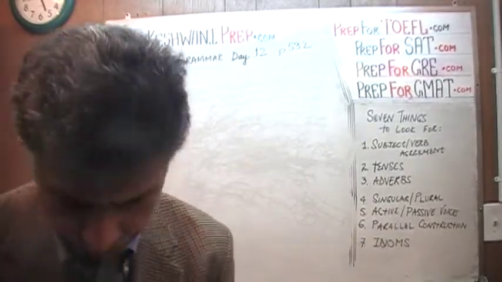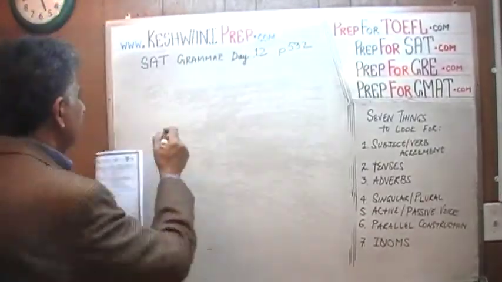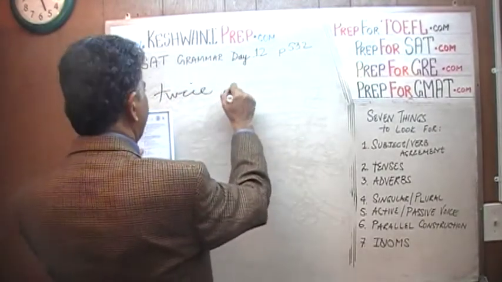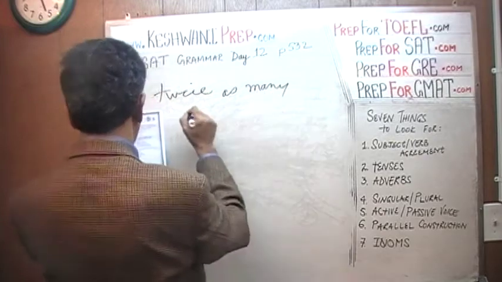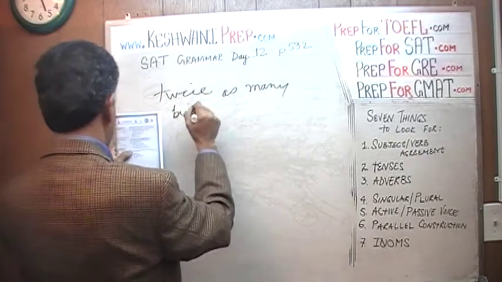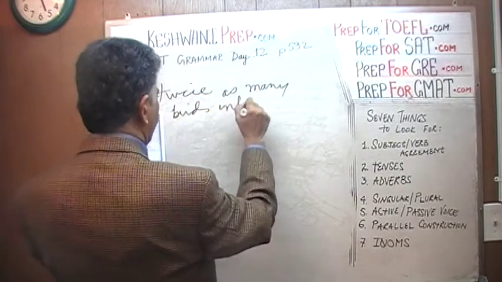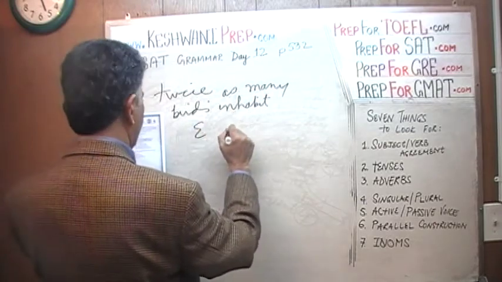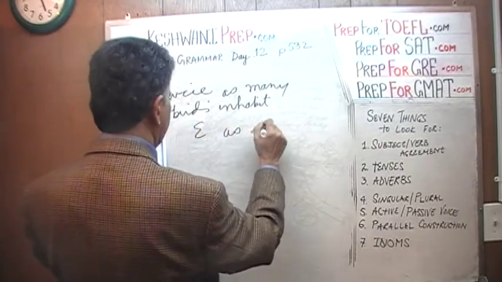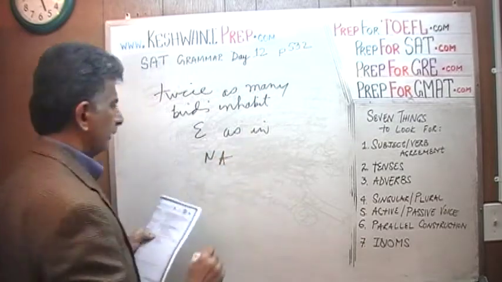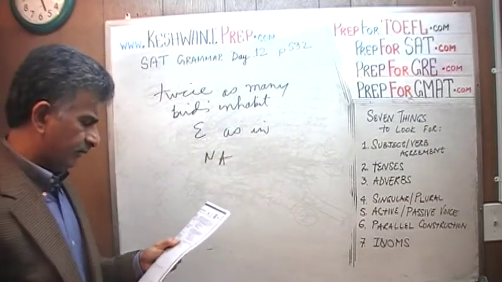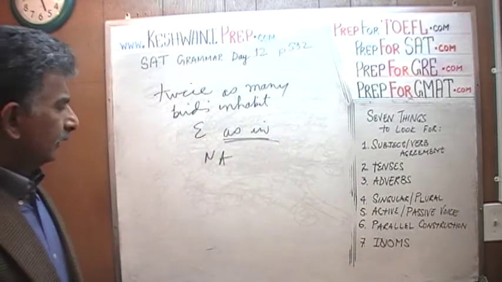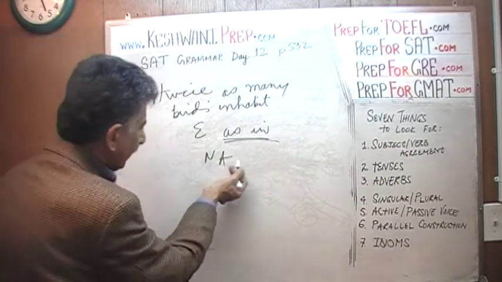Number 11. Twice as many birds inhabit Ecuador as in North America. And "as in" is underlined there. This is no good. We need something to end here.